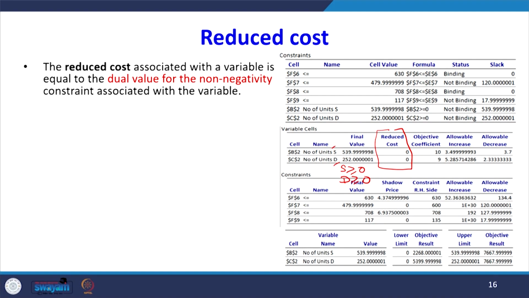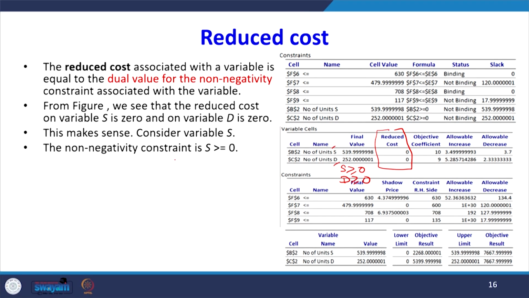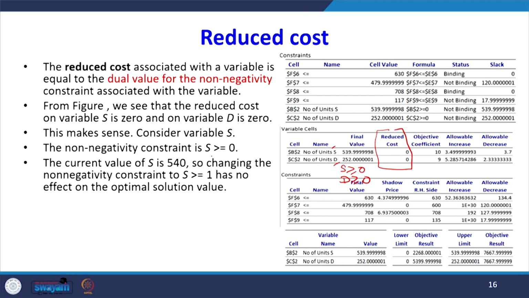Why is it named reduced cost? I will explain. From the figure, we see that the reduced cost on variable S is 0, and on variable D is 0. This makes sense. Consider variable S. The non-negativity constraint is S greater than or equal to 0, but the current value of S is already 540.